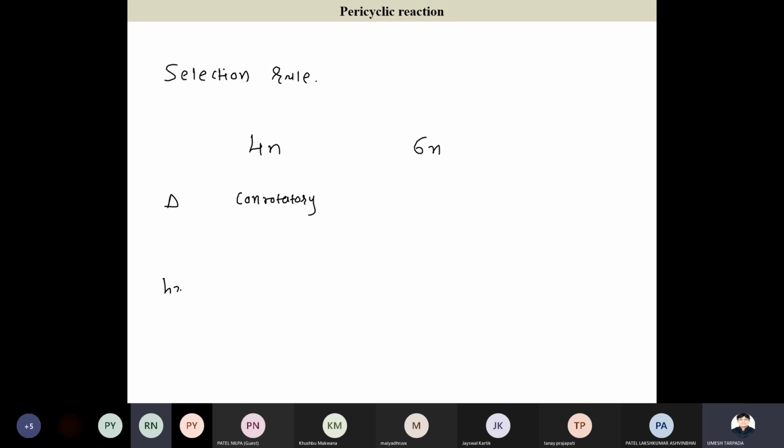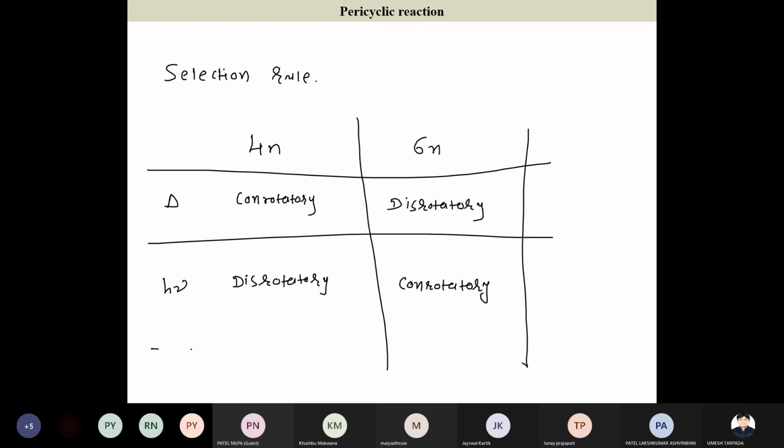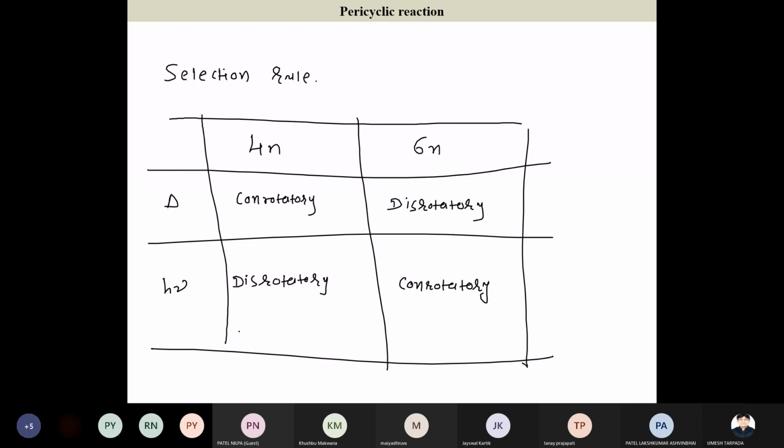Conrotatory, and photochemically disrotatory. When writing the major product, give these motions. If a 6N system is there, then thermally disrotatory and photochemically conrotatory. So this is the selection rule.